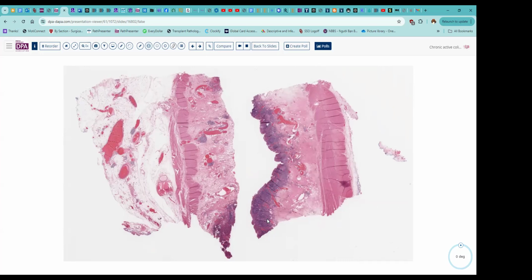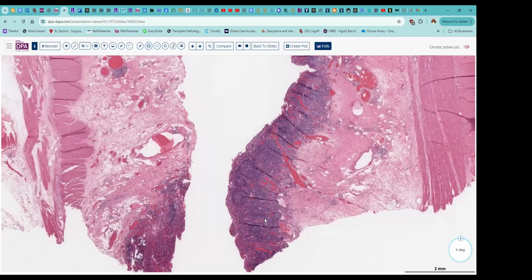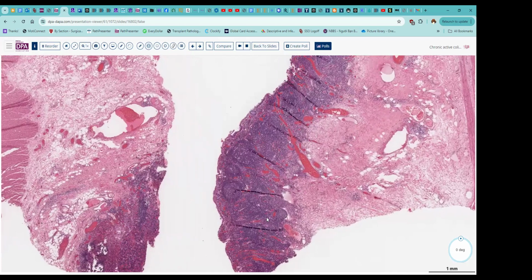Now, I do know that there are experts who will come to the conclusion that it's an indeterminate chronic colitis, meaning that they can't decide between Crohn's disease and ulcerative colitis. But it is helpful to make that distinction if you can, because that will make some differences in follow-up.